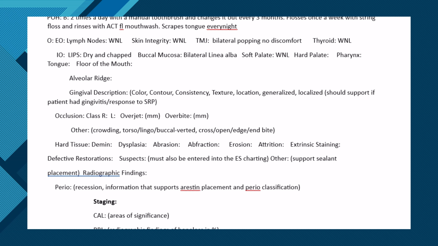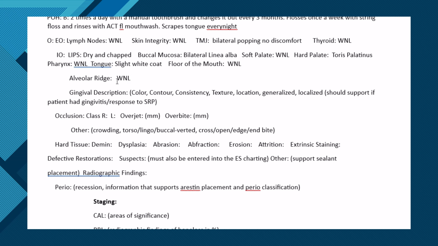Hard palate, let's say the patient has torus palatinus. Pharynx within normal limits. Tongue has a slight white coat. And the floor of the mouth is within normal limits. Alveolar ridge within normal limits.